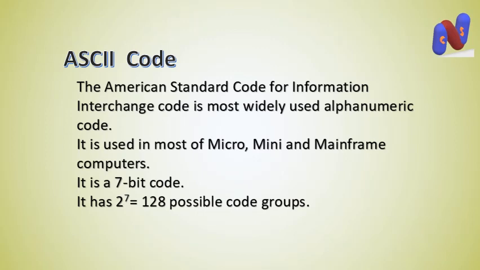Then it can be calculated, stored or typed by our computer. So that may be the process. Overall it is a 7-bit code and it has 128 possible code groups. So this is all about ASCII code.